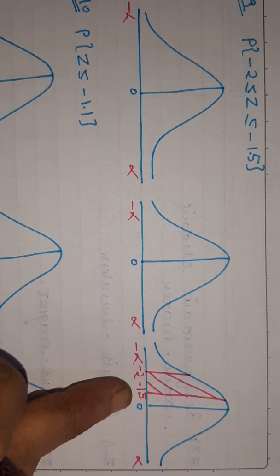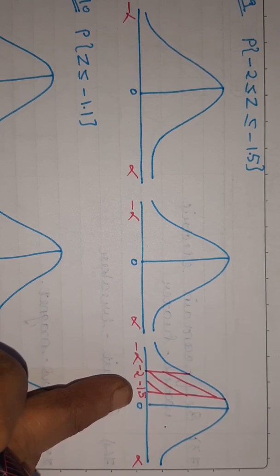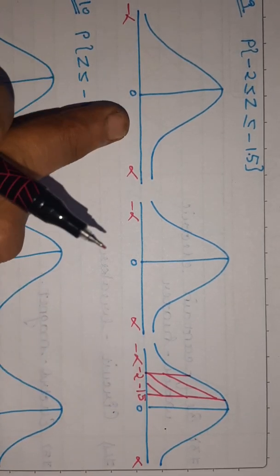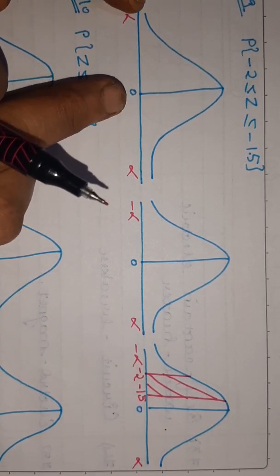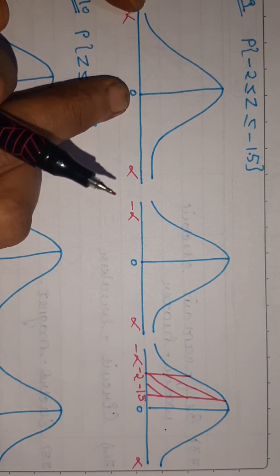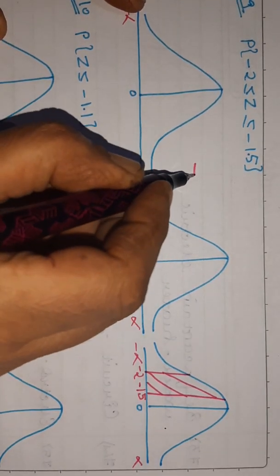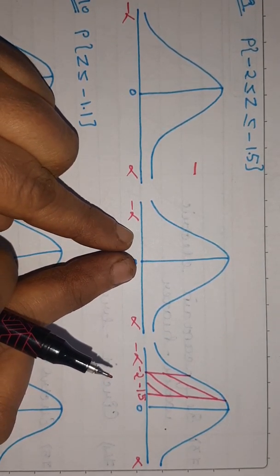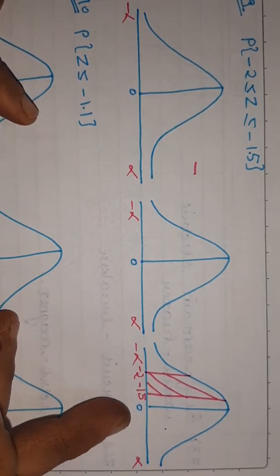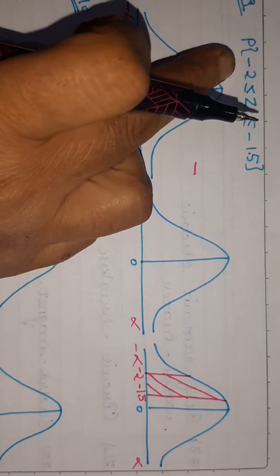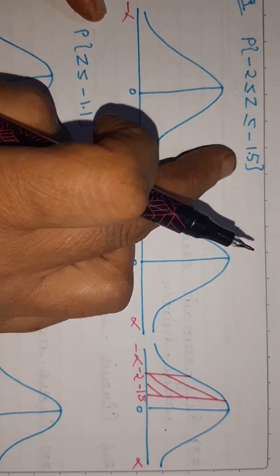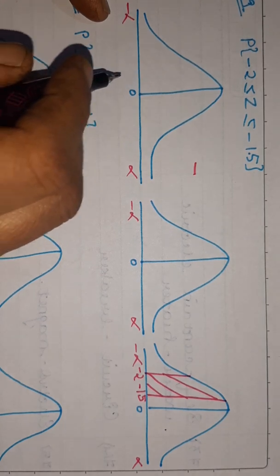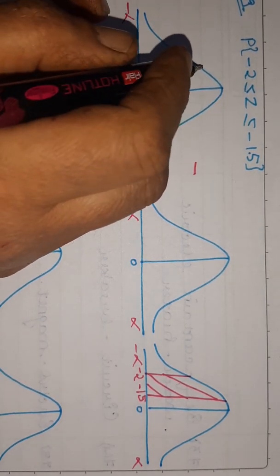Now again, how do we find that? In the first diagram, it is from minus 2 to 0. From that, we subtract from minus 1.5 to 0. So we get the area that lies between minus 2 and minus 1.5.